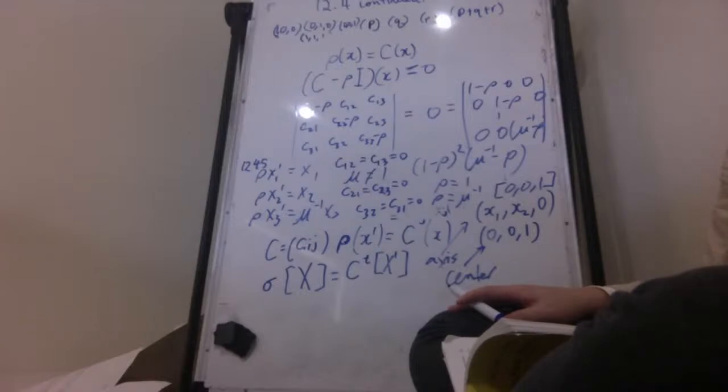So how do we know exactly it's a homology? What is a homology? It was an involution, or it was just a perspective collineation. It doesn't have to be an involution.